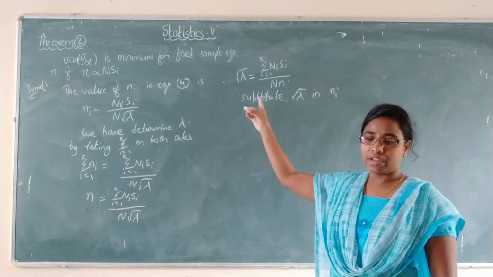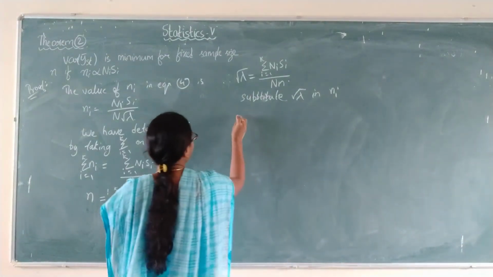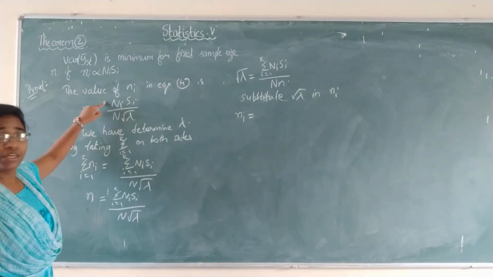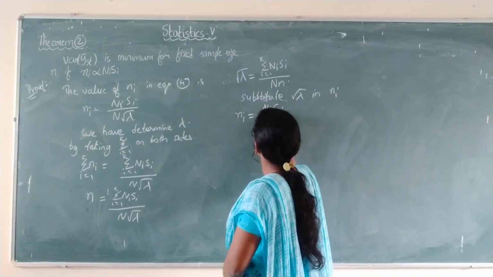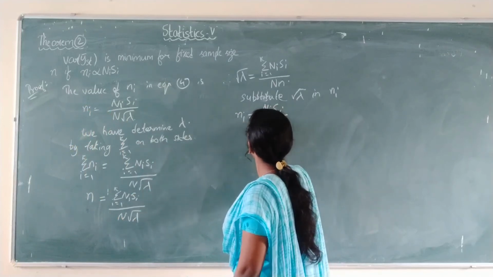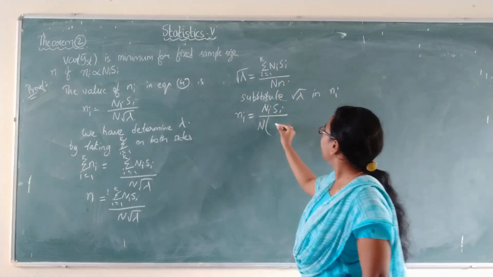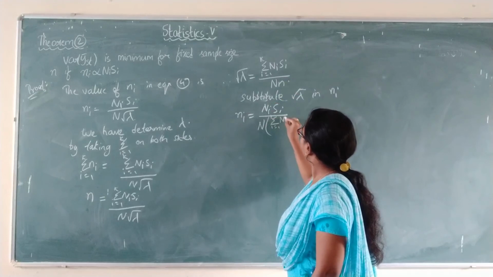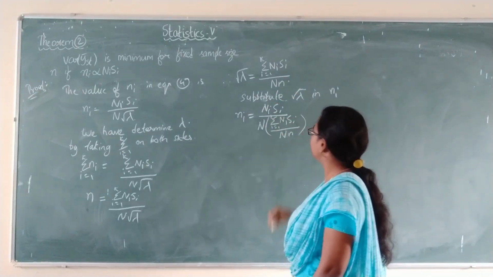Whatever ni formula we have, in that formula substitute root lambda. You will get ni equals, writing the numerator as it is, Ni Si by capital N, into the root lambda value we are getting, summation i equals 1 to k of Ni Si by capital N into small n.